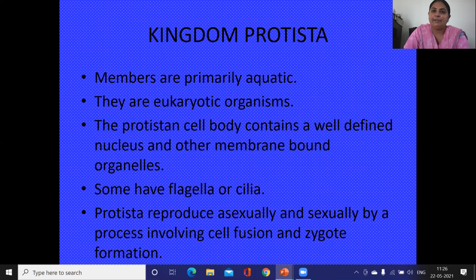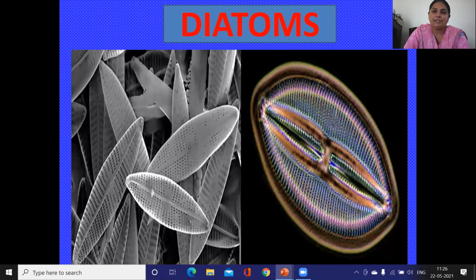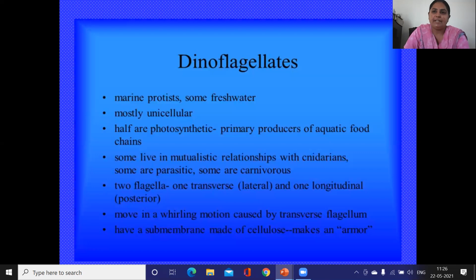After diatoms, we have another organism that comes under these, and they are known as the dinoflagellates. I have already described the features of dinoflagellates. Most of the dinoflagellates are marine protists. Some are freshwater organisms also. They are mostly unicellular.